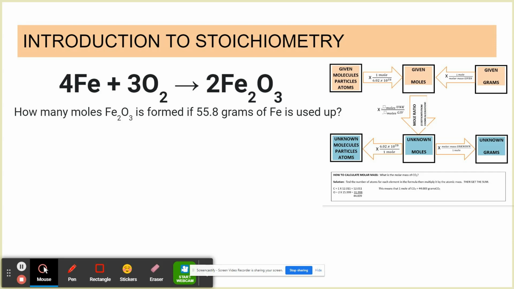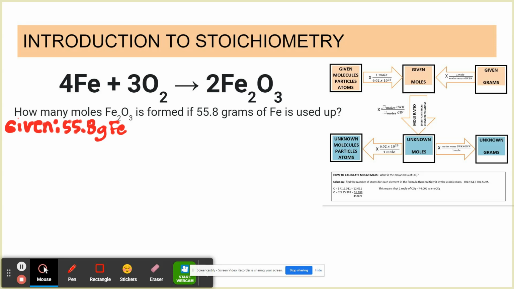So first of all, as always, look for your given. And if you look closely again, the given is the number inside the problem. So it's 55.8 grams of Fe. All right, let's stop here. I'll give you a hint, guys.